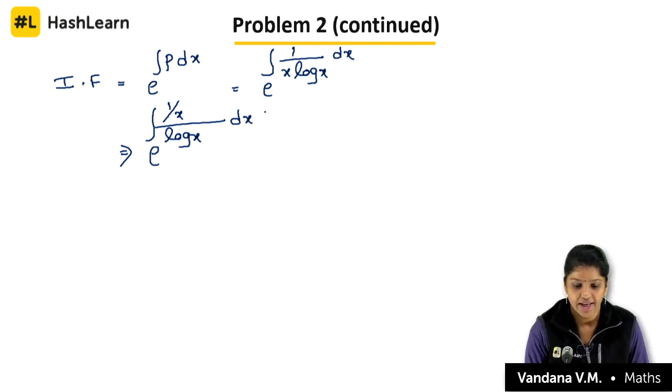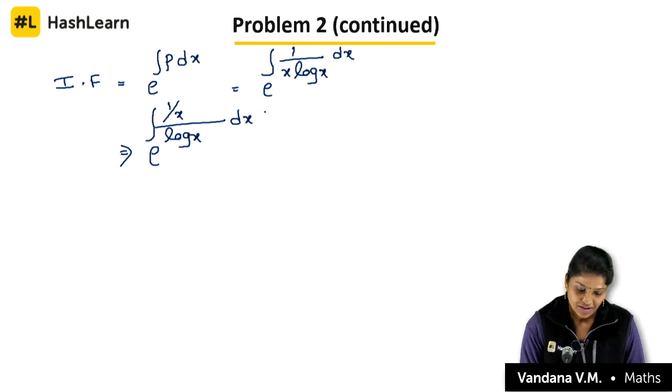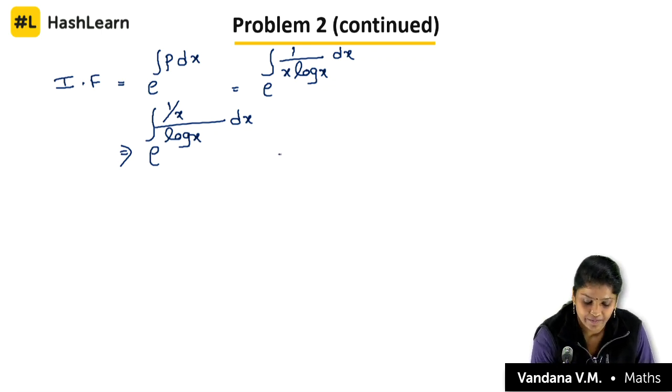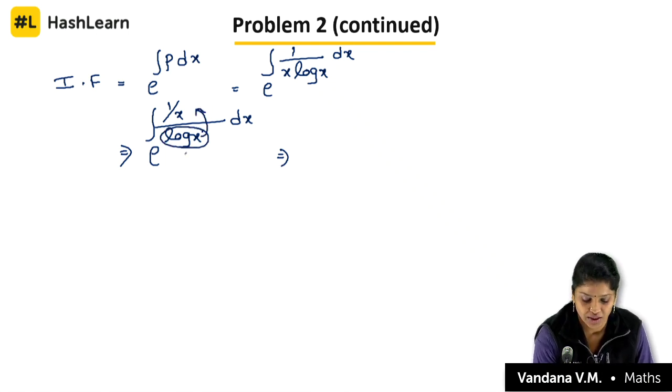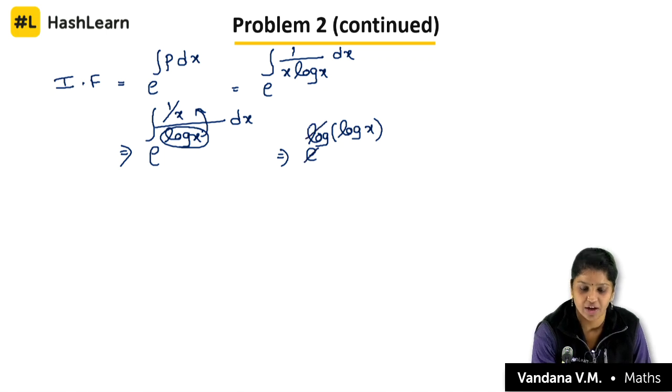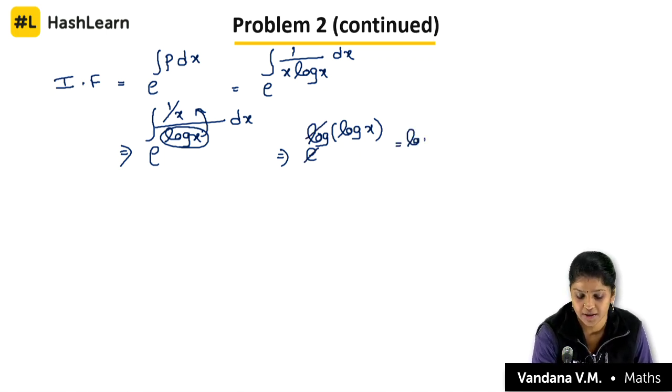Log x derivative is 1 by x. So this can be written as e power log of log x, isn't it? So e and log will get cancelled, and I will get only log x.